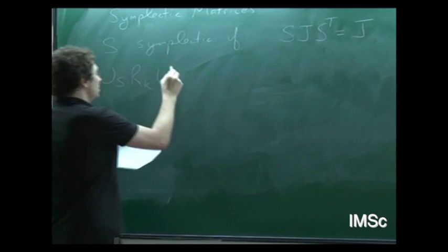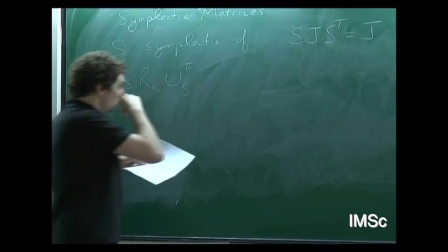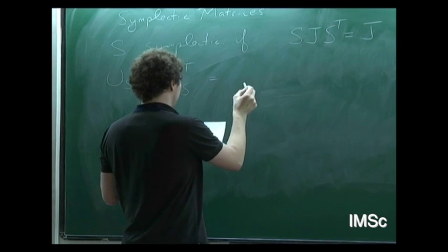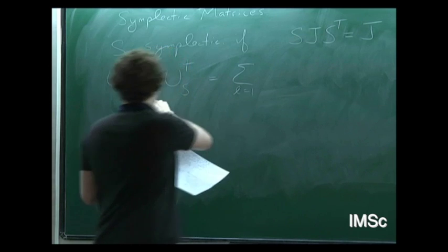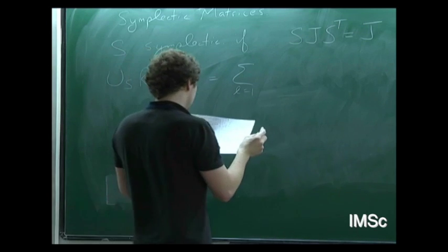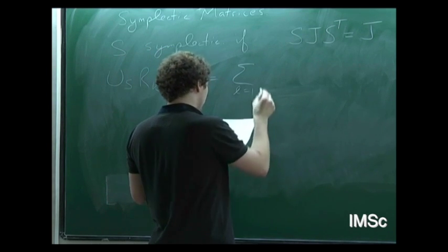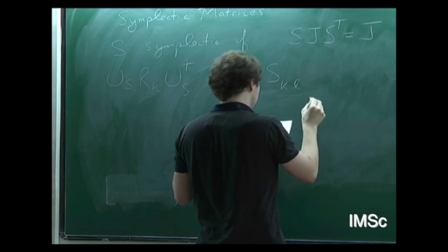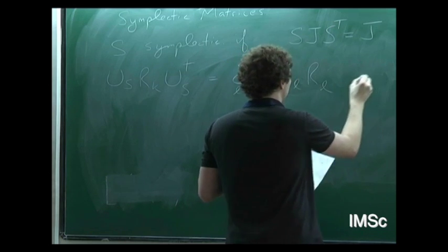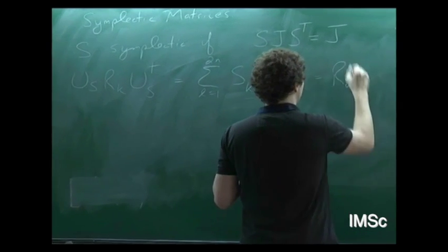Good. And with such an S, we can always associate a unitary, U sub S, that acts on the quadratures as just multiplication by this S matrix. So Rk under conjugation by this U sub S gets mapped to the sum over l of S kl R sub l. And we'll call these Rk prime.